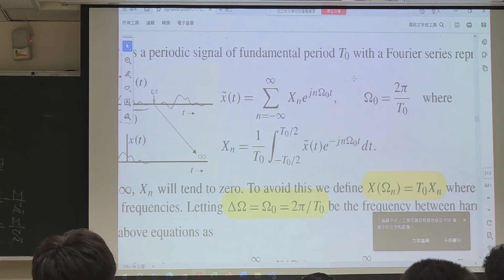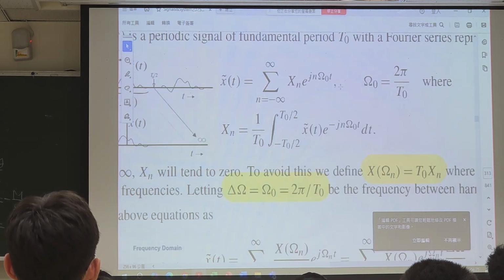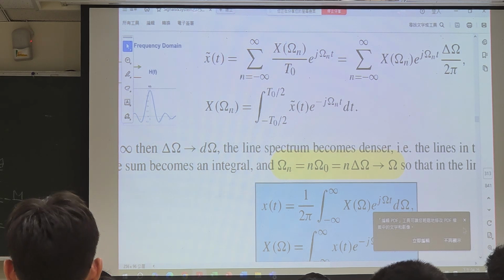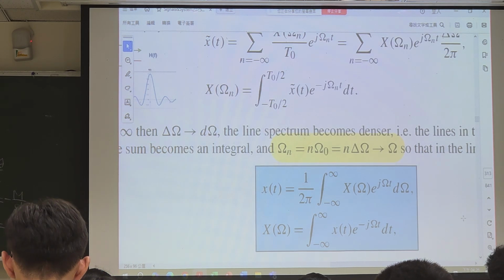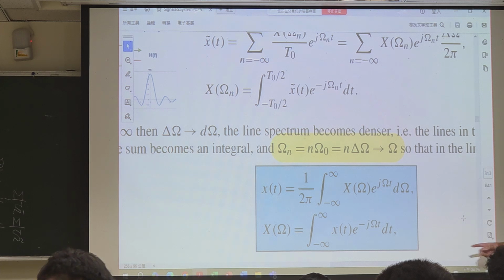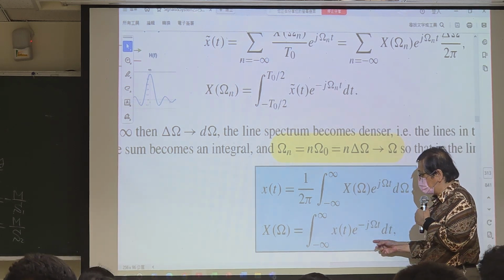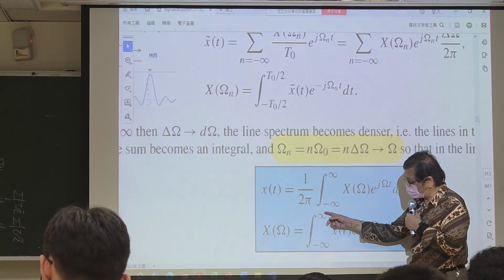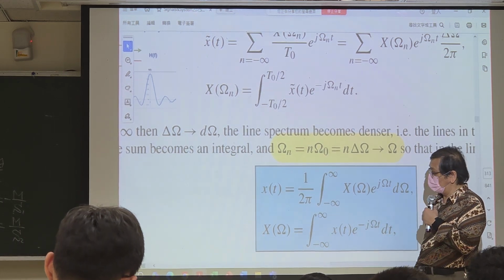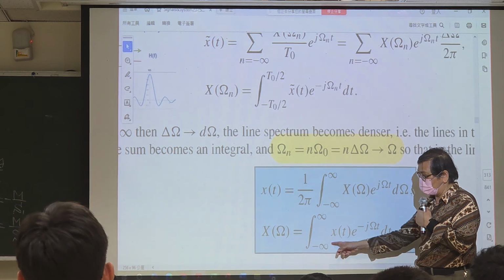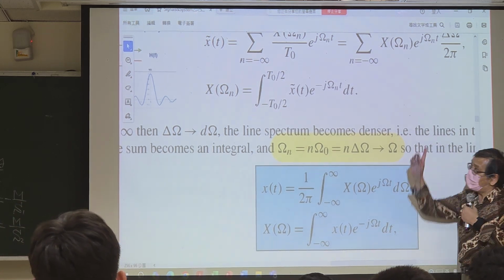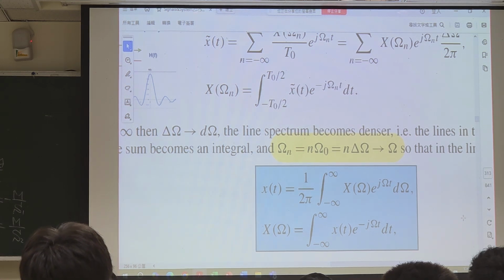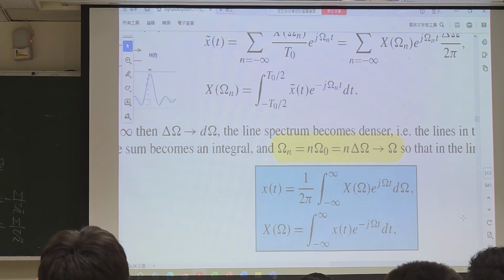While if we are dealing with a non-periodic or aperiodic function, then we have to use the Fourier transform. The period becomes positive infinity to negative infinity, so this is for a general function. And the Fourier series expansion is for periodic functions. So that's the start of the Fourier transform.